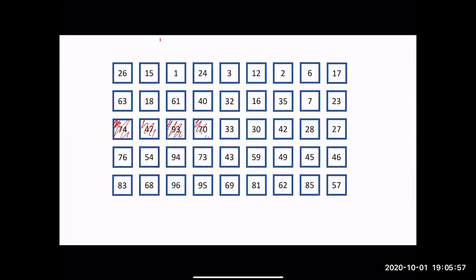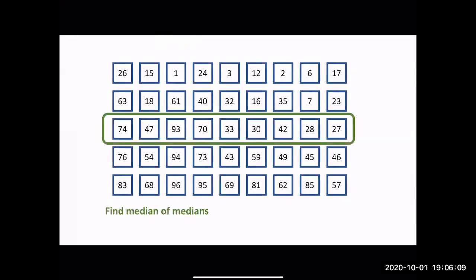We could find the median of each of these subarrays in constant time. We could even sort them in constant time, but let's focus on just finding the median of each of these arrays. So now what we want to do is find the median of all these medians. Okay, and in this case, it's going to be 42. And we are going to choose that as our pivot.